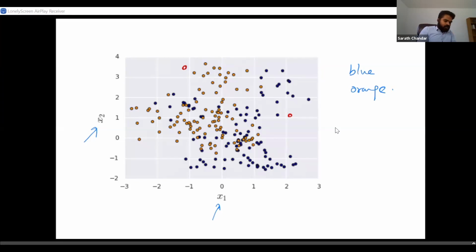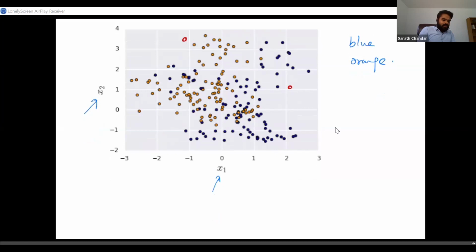Now, can we come up with a mathematical model which will decide, given a new data point, whether it is a blue class or orange class? That is the task. Let me erase these things. Often when you start with a classification problem, the first thing that you will do is to give numeric values for these classes, to make sure that we can actually write the model in a mathematical way.